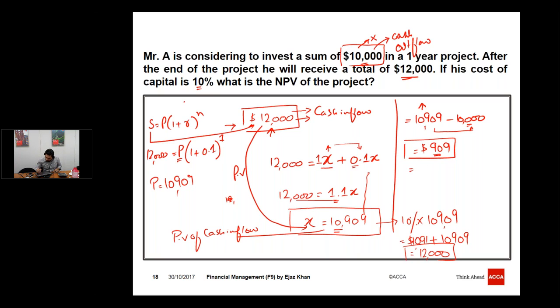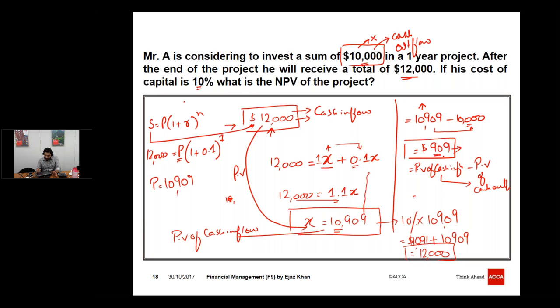So 10,909 is the present value of cash inflow, whereas 10,000 is the present value of cash outflow. And the resulting answer is the net of these two present values. That is why we call it net present value. 909 is the net present value.